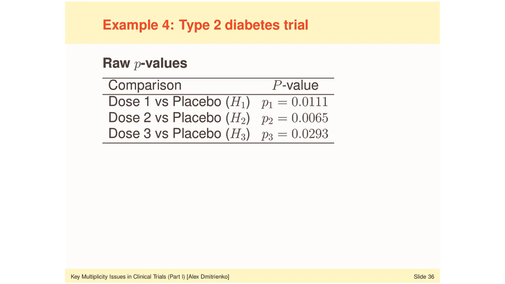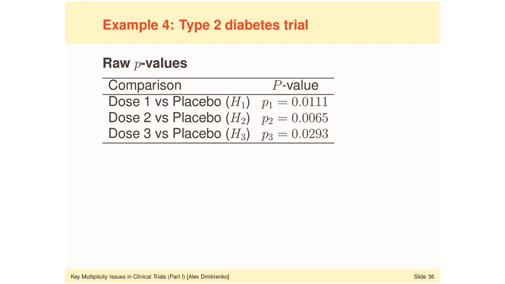For example, we can see here that the p-value for the comparison between dose 1 and placebo is 0.0111.